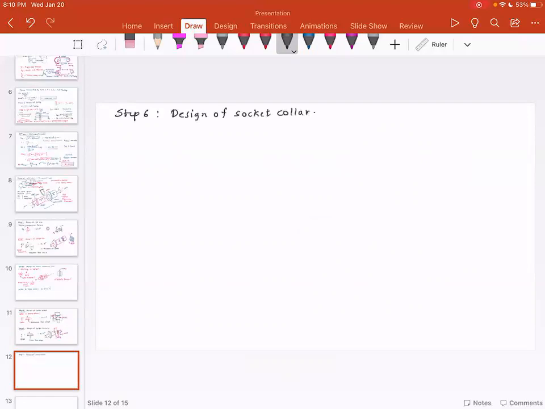And let's look at how this socket collar looks like. So this socket collar is going to look like something like this.